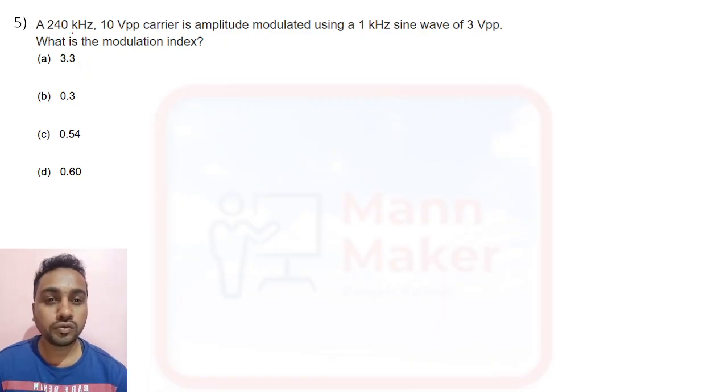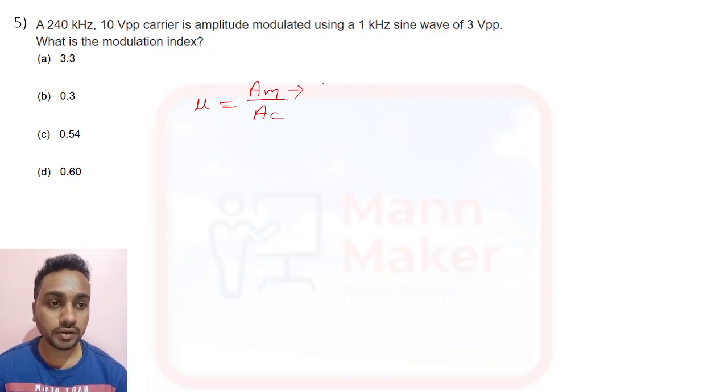A 240 kilohertz 10 VPP carrier is amplitude modulated using a 1 kilohertz sine wave of 3 VPP. What is the modulation index? Modulation index is generally denoted with mu. Mu equal to Am by Ac.